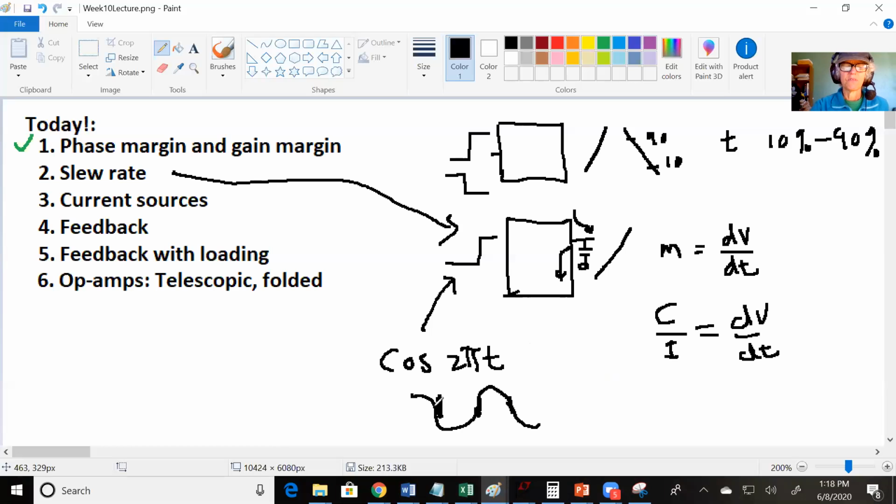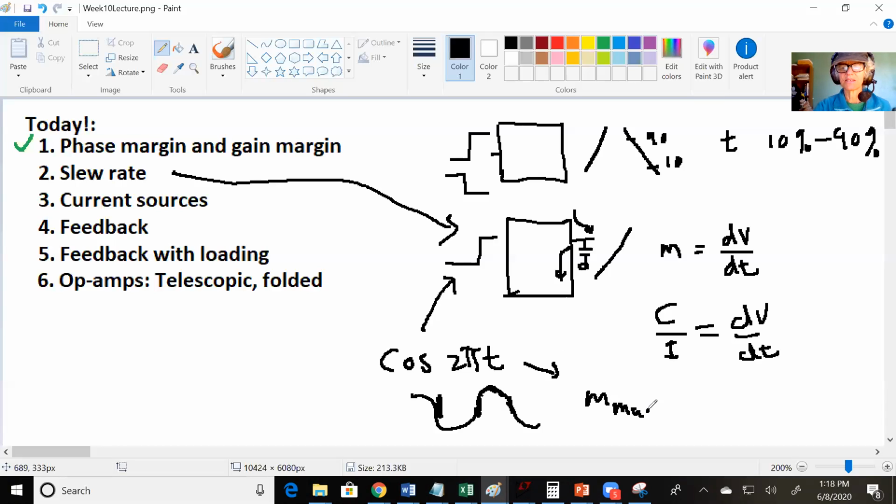Right here, it's not changing very fast at all, so almost any circuit can keep up with that. But right here where it's changing really fast, you have those R's and C's inside your circuit, and it could get filtered out. So the first thing you want to do is take the derivative of this and find the maximum slope.